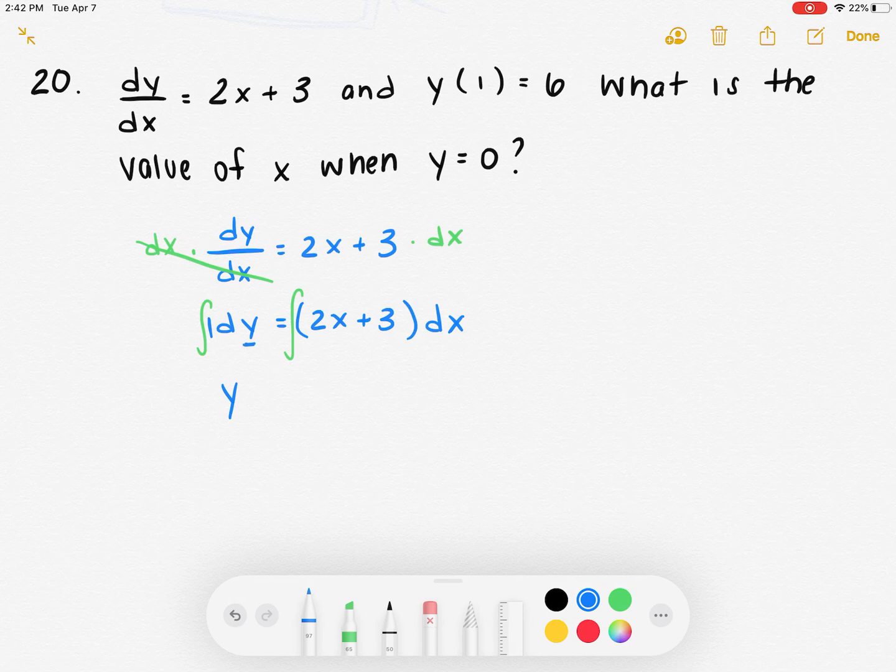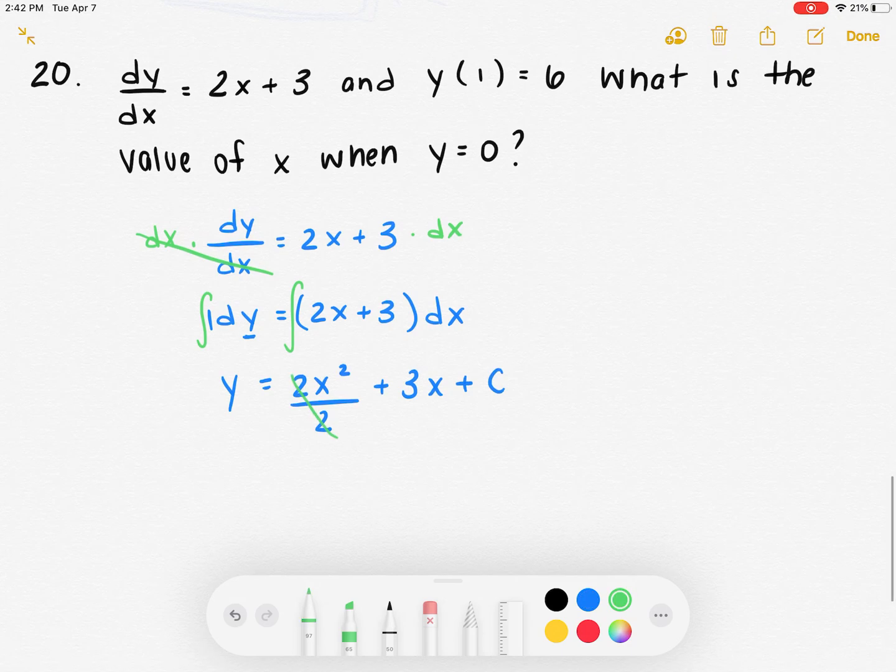I know it's going to be a y because of the dy, equals 2x squared over 2 plus 3x plus c. The only thing I can do here to simplify is cancel out these 2's. So my general solution would be y equals x squared plus 3x plus c.